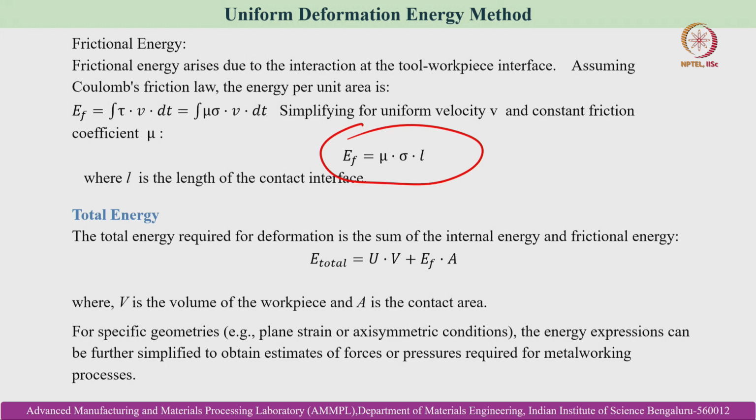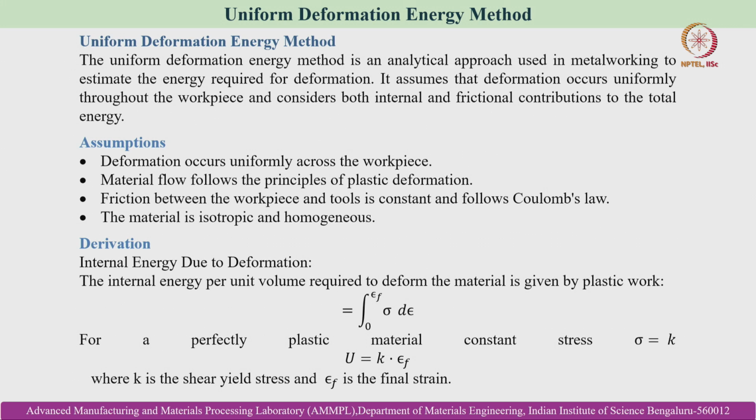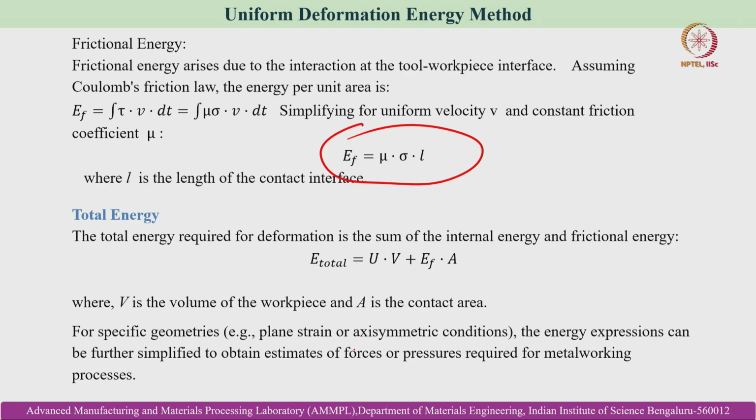So, what is the total energy? The total energy required for deformation is the sum of the internal energy that we have discussed earlier, this is the internal energy term, and this is the frictional energy term that we have evaluated over here, that is E_F. It has to be multiplied by the contact area.